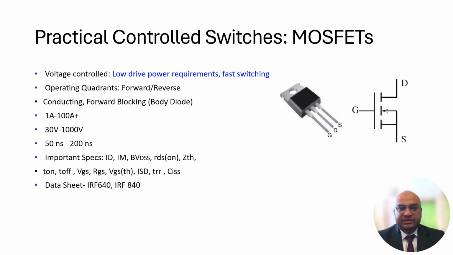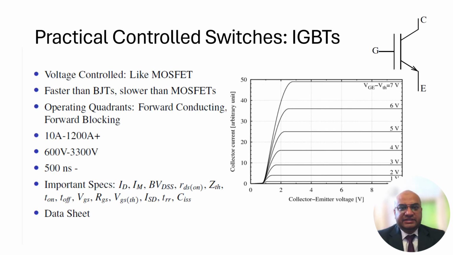Some of the important data sheets that you can download and check are IRF 640 and IRF 840 for your reference. Next is the IGBT, which is a combination of characteristics from MOSFET and BJT. It is also a voltage control device like MOSFET, with three terminals, gate, collector and emitter, and it is faster than BJT but slower than MOSFETs.